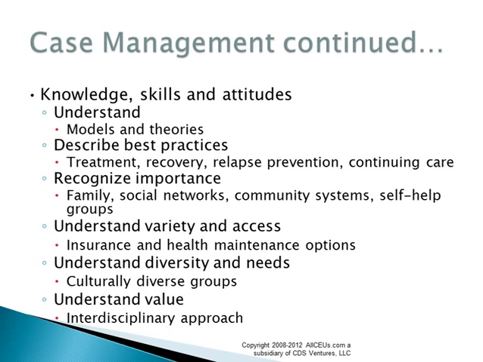It's important that you can describe the best practices for treatment, recovery, relapse prevention, and continuing care. Again, this is individualized, and as we're seeing now, the community is moving more towards best practices for treatment with co-occurring disorders. We recognize that most substance abuse has a mental health component to it, but that will differ.